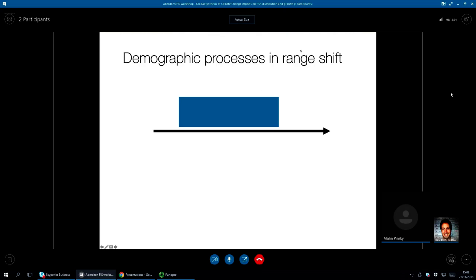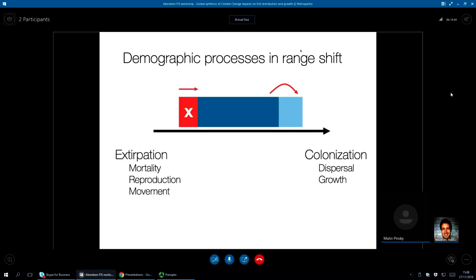Okay, so I wanted to start out. You may have already covered these things, but when I think about a species range that's shifting, there are a bunch of different demographic processes that happen in different places. There's colonization at one range edge, which involves not only dispersal but also growth and reproduction in a new place.